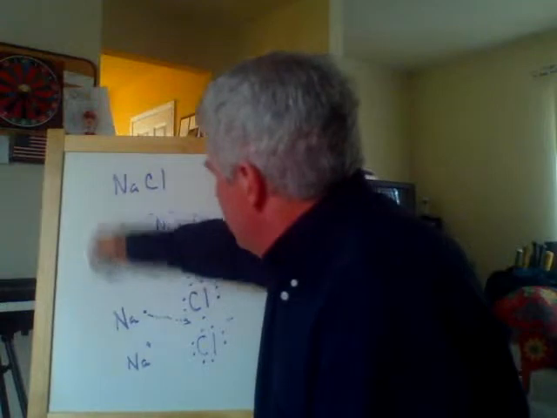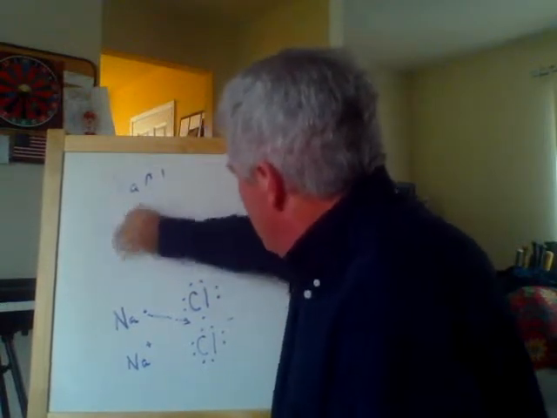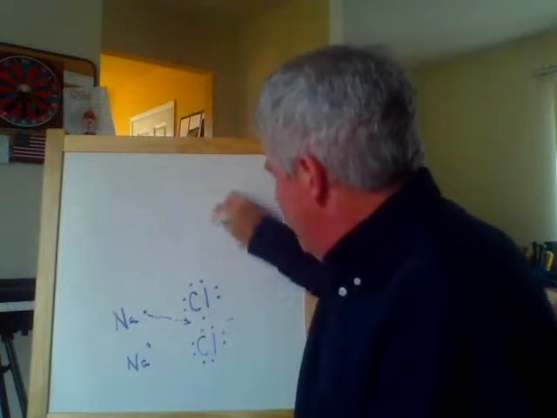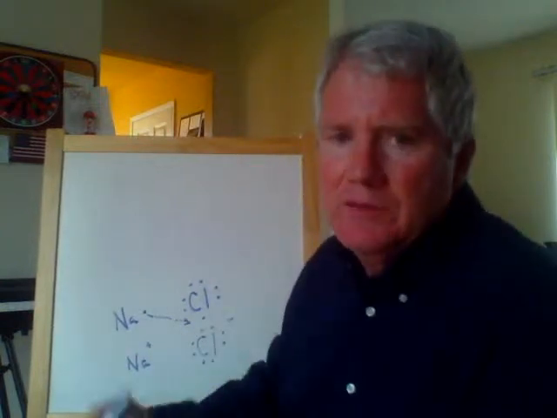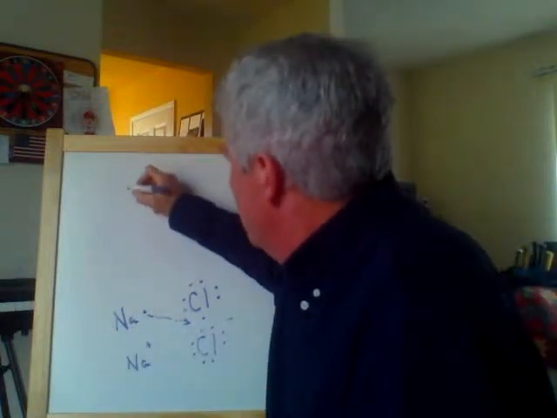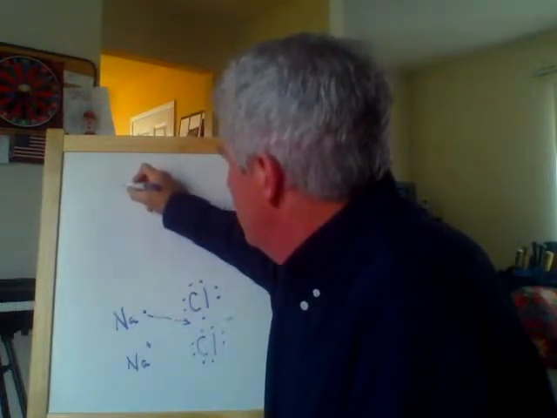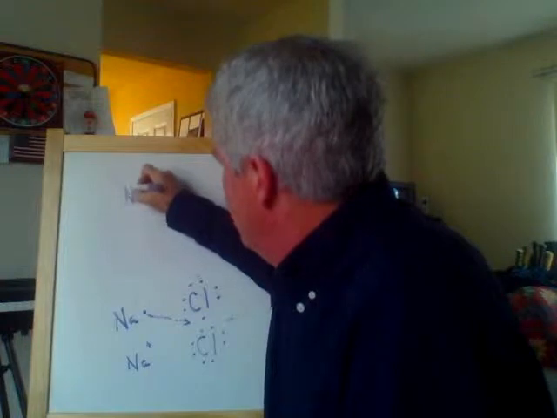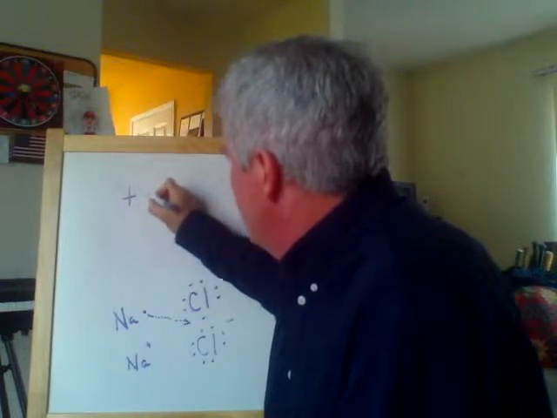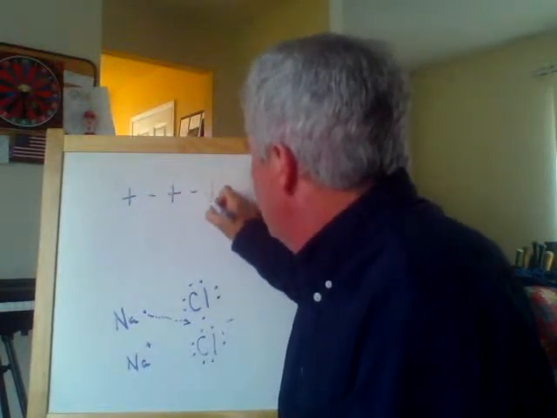Okay. So I'll try to draw this as best I can in a solid lattice. These ions, again, attract each other because they're of opposite charge. What you'll see is something along the lines of, and I'm not going to use the symbol, I'm going to use a plus and a minus, but you'll have a plus and a minus and a plus and a minus and a plus and a minus.